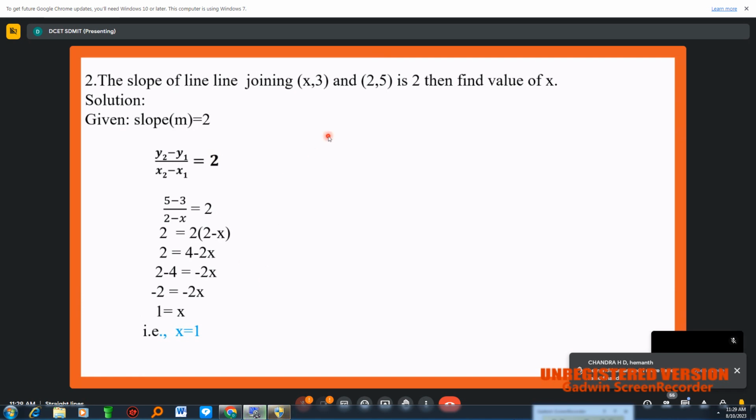So everyone understood this problem, right? Yes, ma'am. So if you have any doubt, you can ask in this problem or before.